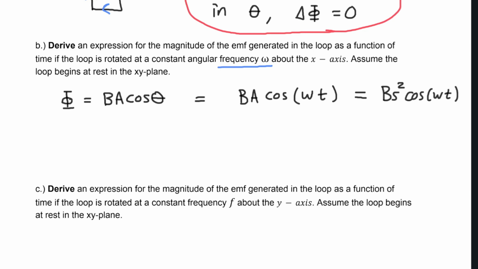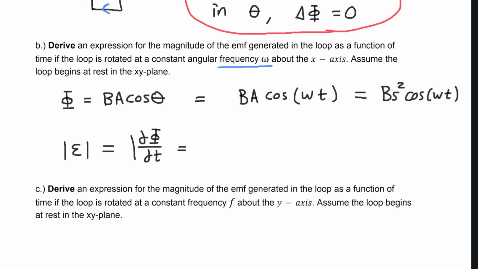So then if we want the EMF, the magnitude of the EMF, we're just going to take the rate of flux change through the loop.